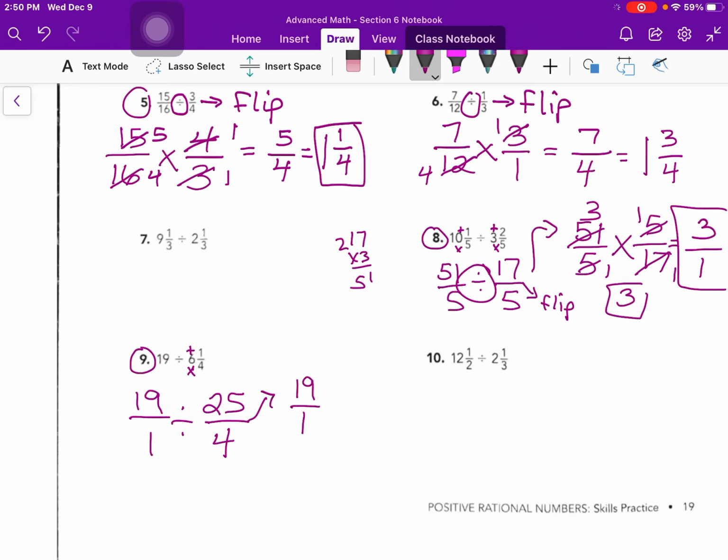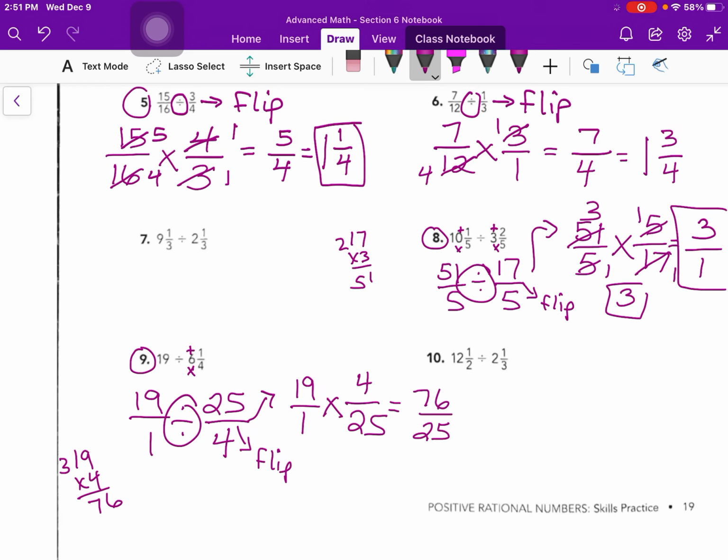So 19/1, I keep that, I change the sign, and then I flip to the reciprocal, so it becomes 4/25. I look for where I might possibly simplify, and this one stinks because I can't. That happens sometimes. So I take 19 times 4, which is 76, and I take 1 times 25 to get 25.